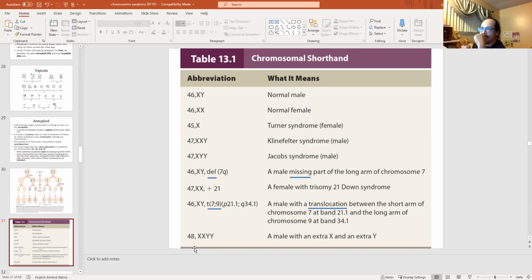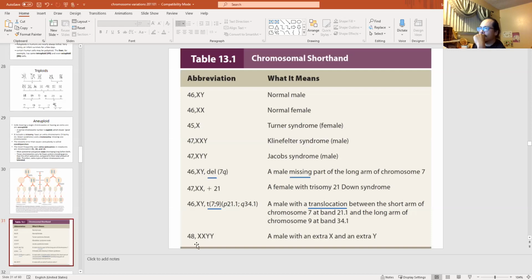Now we have not just one extra but two extra, so it's not 46 or 47, it's 48. These two extras are here, X, X, Y, Y. If you see 48, XY, you will expect to see some plus something here to match the number 48, the number of chromosomes.